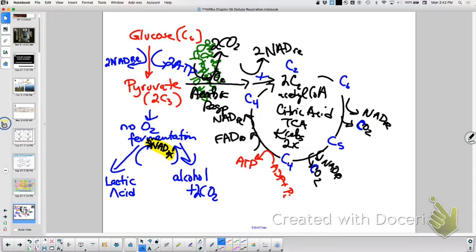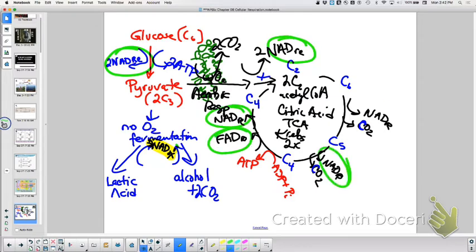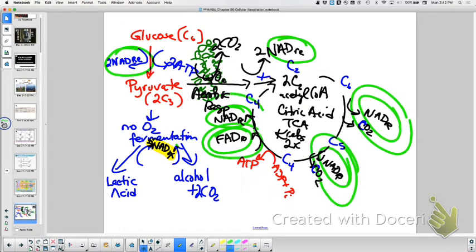Okay. Then what I need to do is I need to go and collect all my NADs, from transition prep, from here, and I do this twice, so I would have 2 of each of these, yes? And I take them all to the top of the ETC.